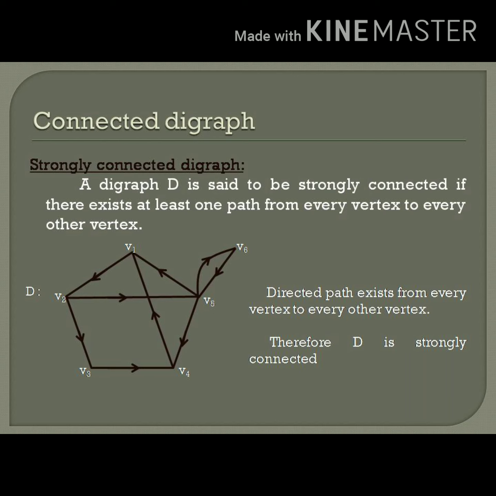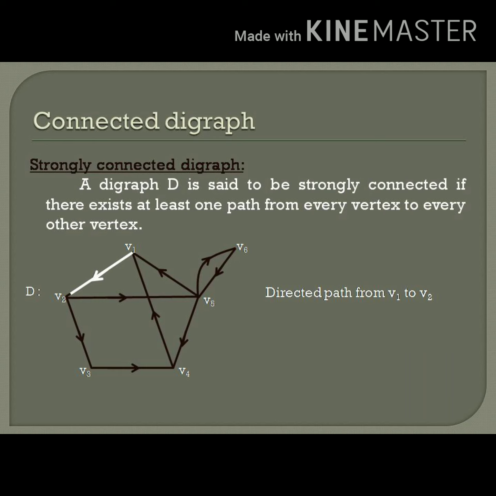Let's see how it is connected. First the vertex V1 is connected with V2. Just observe the white lines. Next the path between V1 and V3, the path between V1 and V4, the path between V1 and V5, and a path between V1 and V6. In the same graph, if we consider the vertex V2, let's see how it is connected with all other vertices.